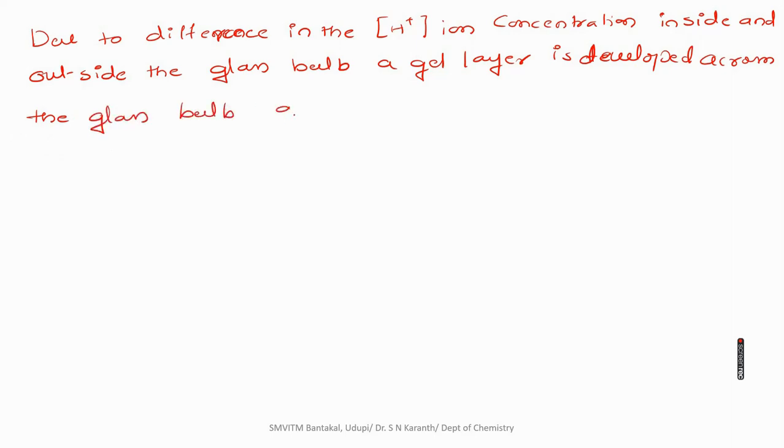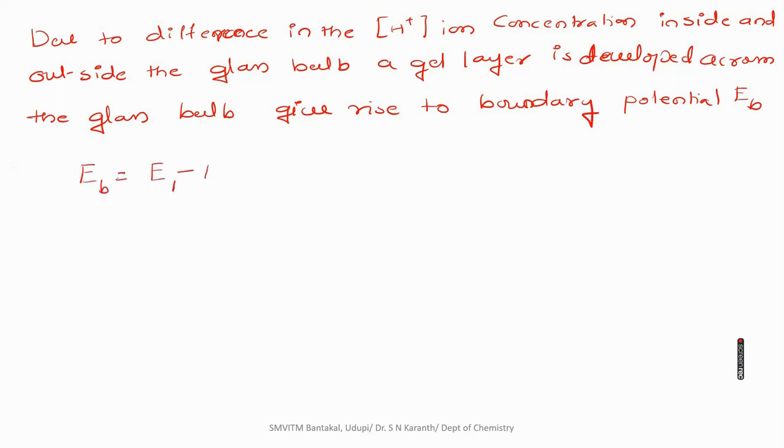The EB is equal to E1 minus E2, that is, the potential developed outside the bulb minus the potential developed inside the bulb. So EB equals E1 minus E2.